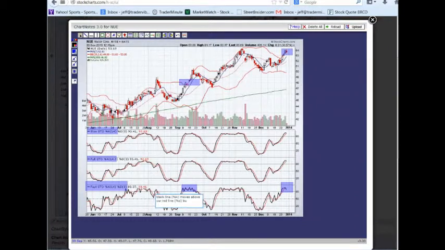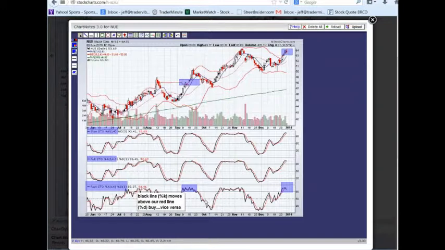And then vice versa. Now, it doesn't take too long to look at the stochastics indicator and realize that if you take that strategy, you're going to be whipsawed all over the place. Almost on a daily basis, you're going to be whipsawed.